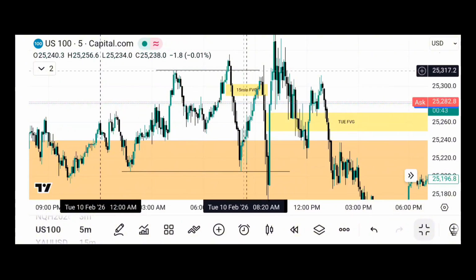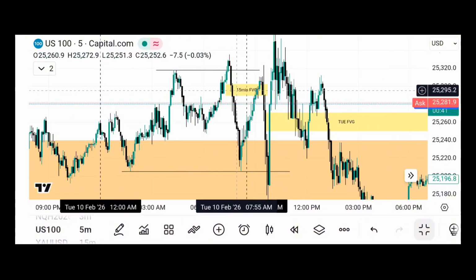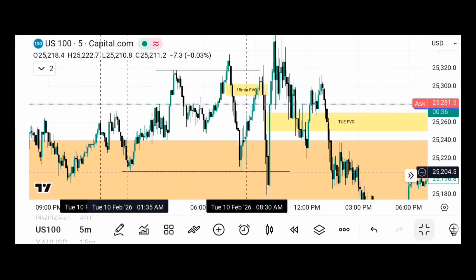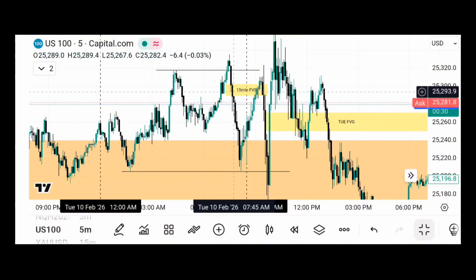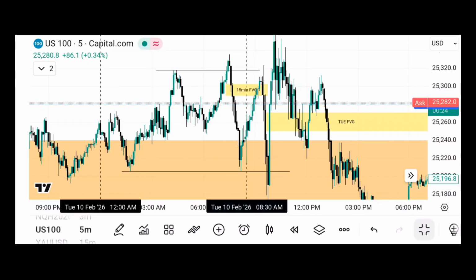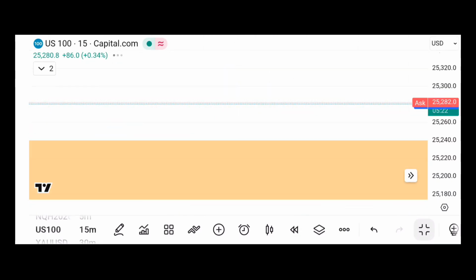So after taking out this high, price rallied down with displacement, but stopped without taking out this low right here, and also created a fair value gap on the 15-minute time frame, which I showed you, and also an order block. Let me annotate the order block.